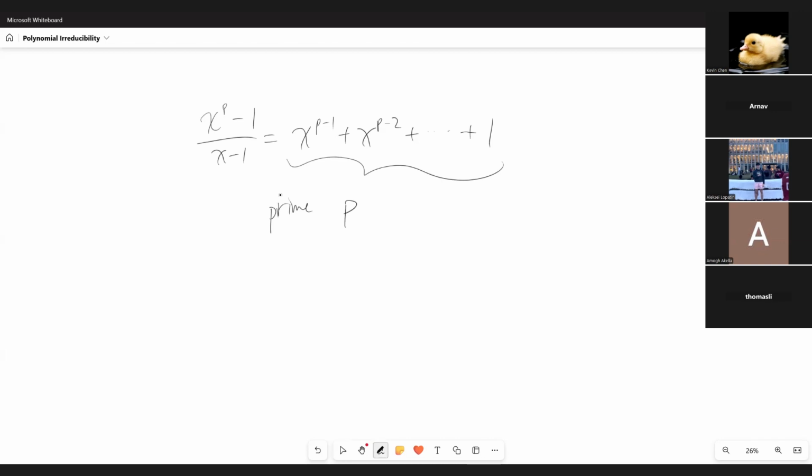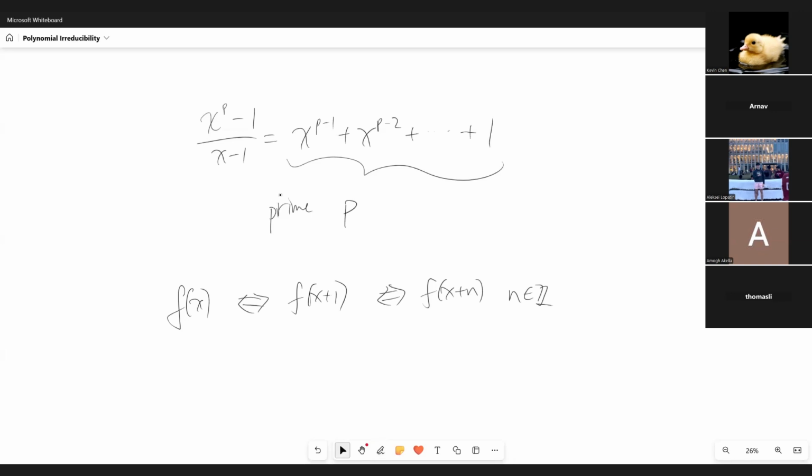But what we can do is make a substitution for x, because note that if a polynomial f(x) is irreducible over Z, then it's equivalent to the polynomial f(x + 1) being irreducible over Z, as well as any f(x + n) for an integer n.